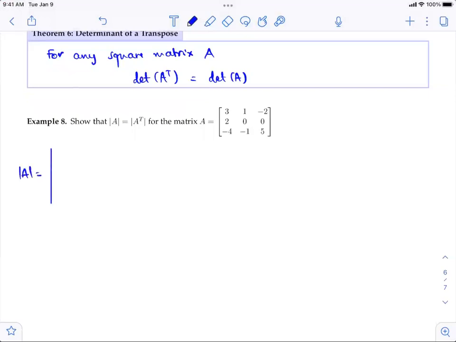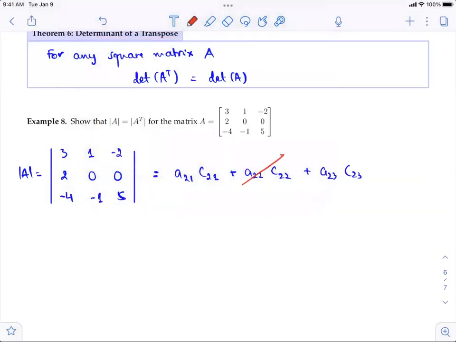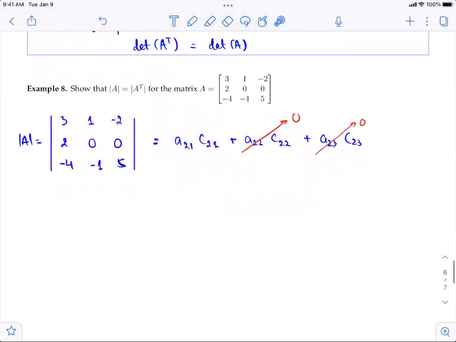So the determinant of A is equal to the determinant of the matrix with rows 3, 1, -2; 2, 0, 0; -4, -1, 5. I'm going to choose the second row to work with: A21 C21 plus A22 C22 plus A23 C23. The last two terms are equal to 0 because the entries A22 and A23 are zeros. Now we check the sign of the corresponding cofactor: plus, minus.